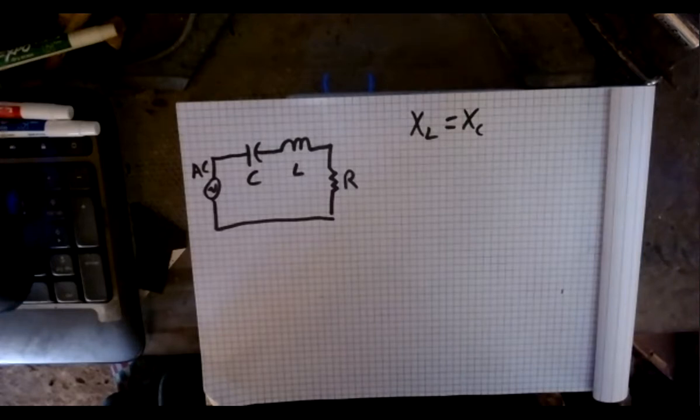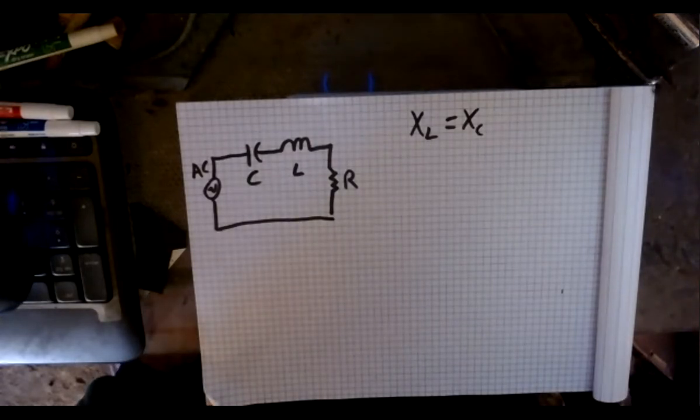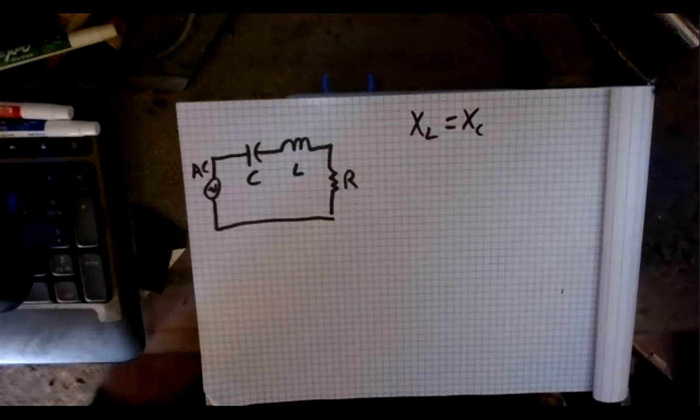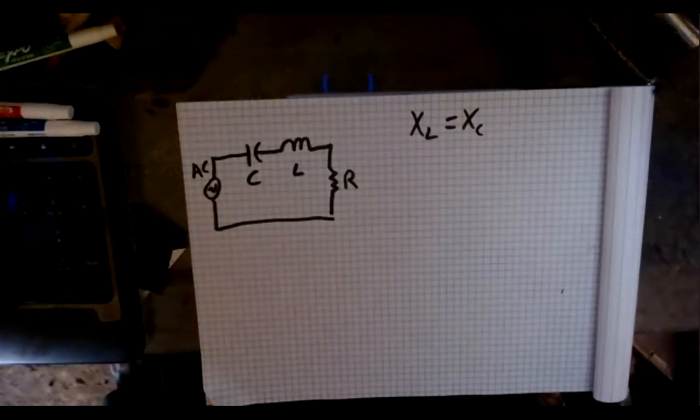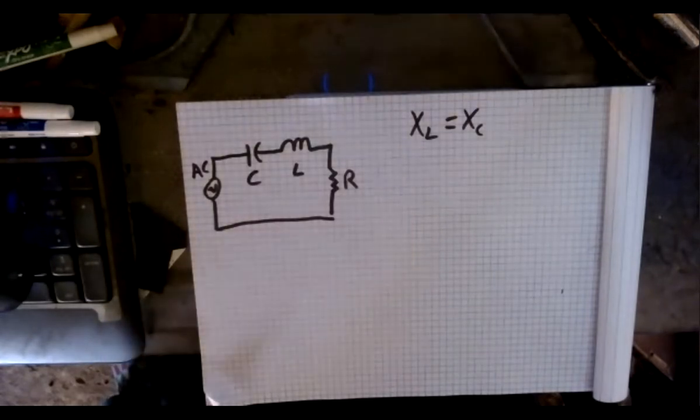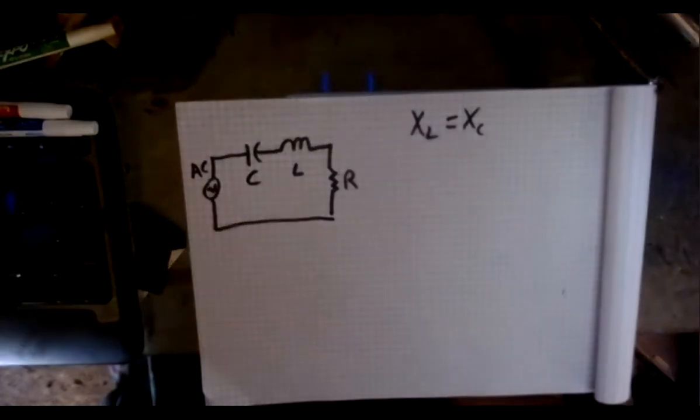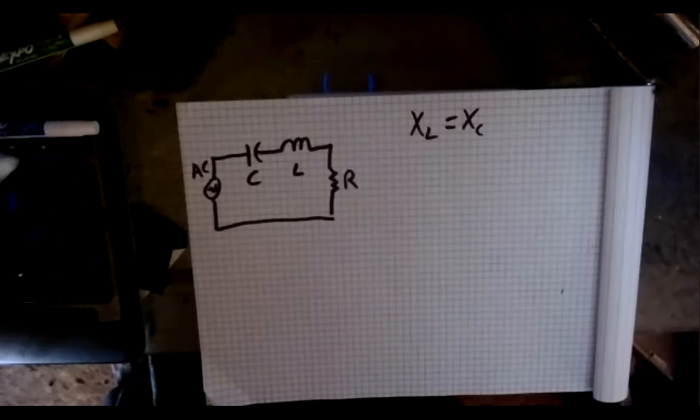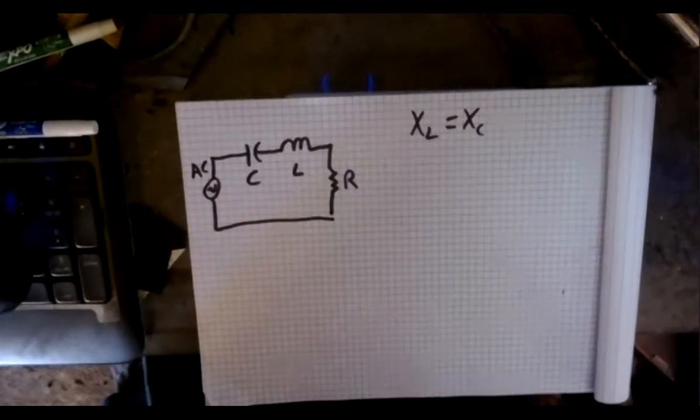I think I can have that by tomorrow, a series resonance formula sheet and a parallel resonance formula sheet. Because of yesterday, some of the things were confusing, if you will.